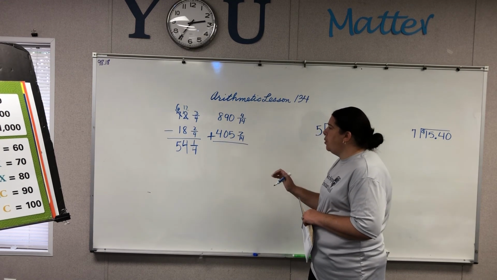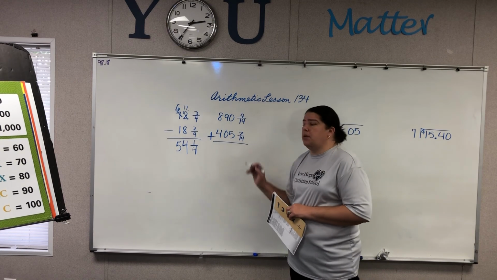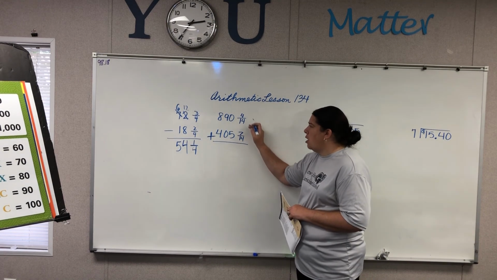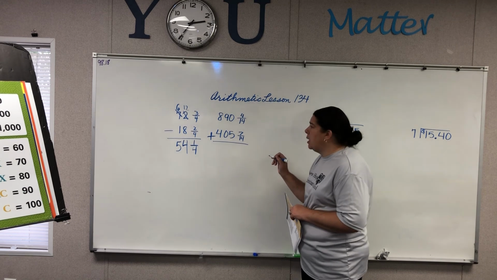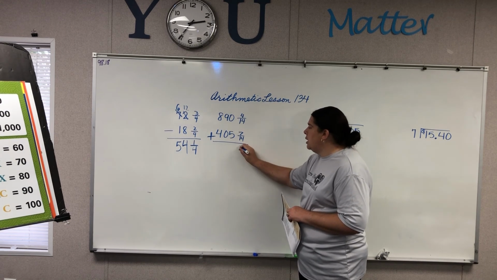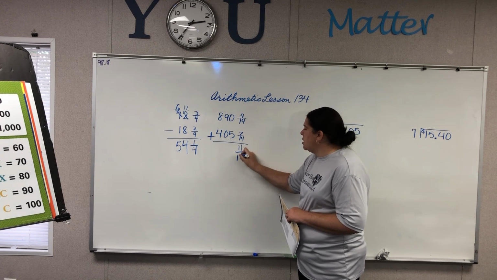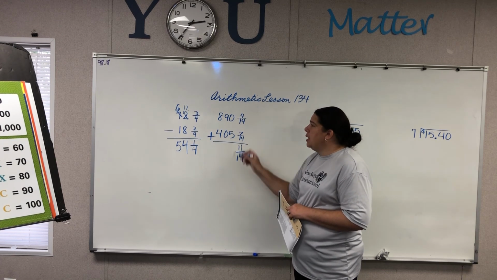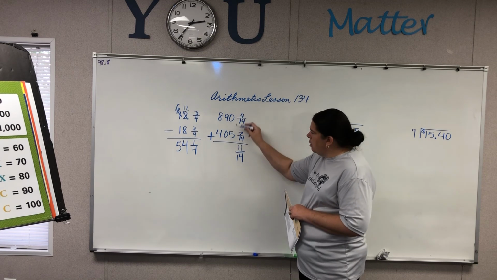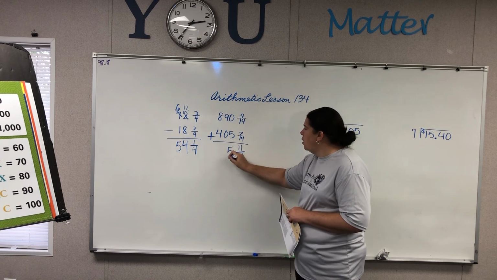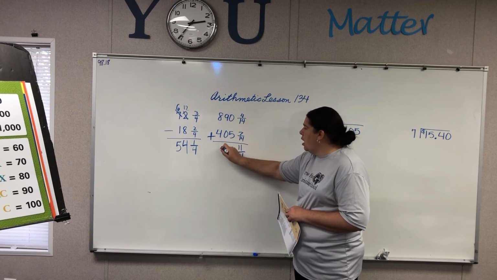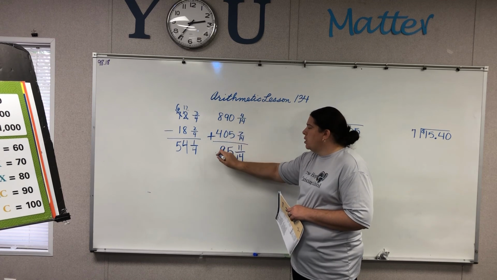Here we have an addition problem. The first thing we check is that the bottom numbers, the denominators, are the same. They are, so now we can add. 4 plus 7 equals 11, and we leave the denominator the same. And now we can add the whole numbers. 0 plus 5 is 5. 9 plus 0 is 9. 8 plus 4 is 12.